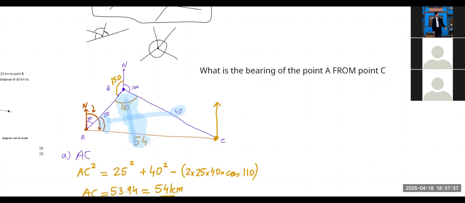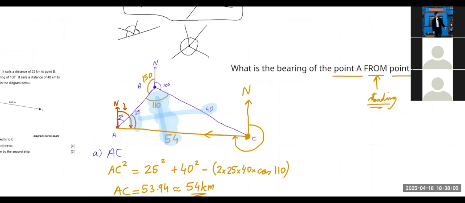Don't make the mistake of saying it's this angle, because bearing is not calculated anti-clockwise. It's actually this angle. If you were standing here and the only thing you can do is rotate clockwise starting from north, you would need to rotate this much to look at A. So that is called the bearing of A from C. From is the point where you are standing. Be very careful about this.